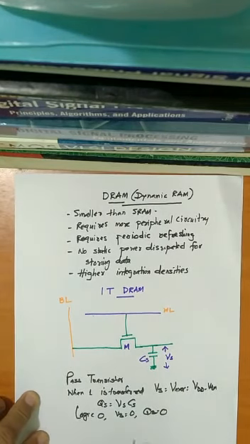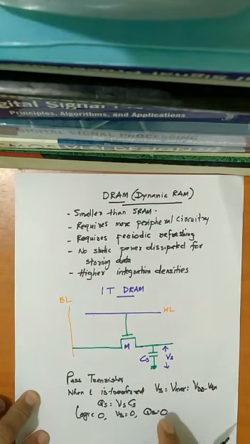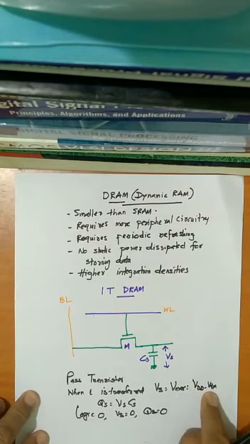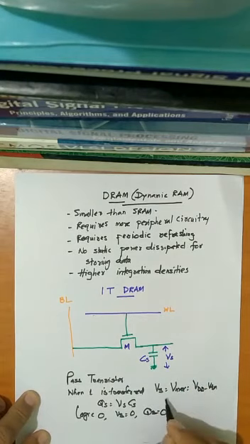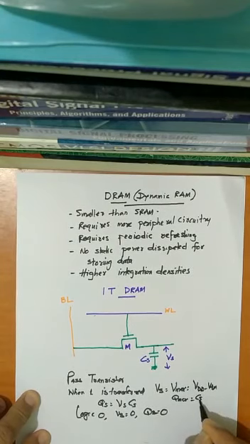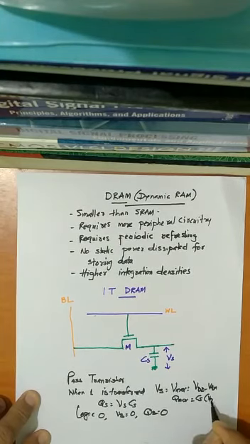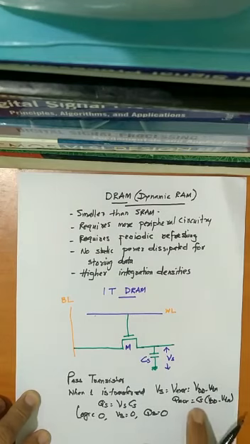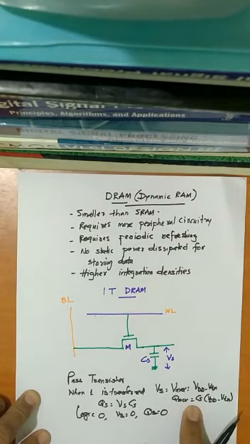The largest value that can be passed to this capacitor is VDD minus VT. So Q max is equal to CS into VDD minus VT. That is the charge stored in this capacitor during a logic 1.